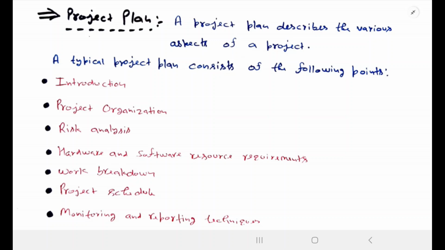Okay, so project plans describe the various aspects of a project, and every plan should consist of the following points: introduction, project organization, risk analysis, hardware and software resource requirements, work breakdown, project schedule, monitoring and reporting techniques.